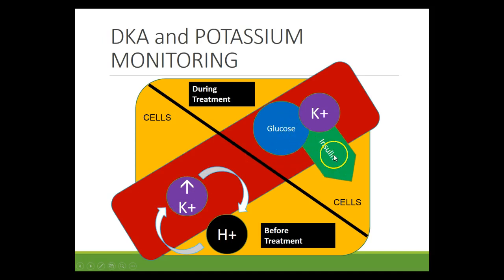During treatment, insulin will help pull glucose and potassium back into the cells. So that's why it's important to see how high the elevation is, but while you're treating, it can also drop it. So you may also need to address that issue during treatment. It's a fine balance.